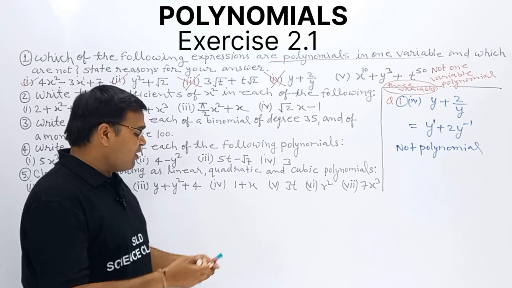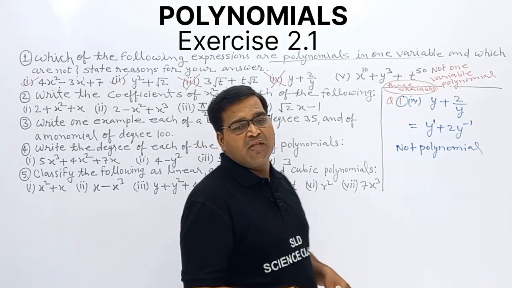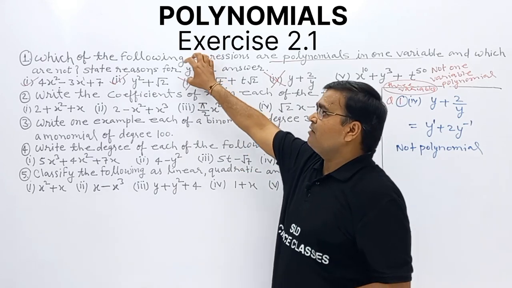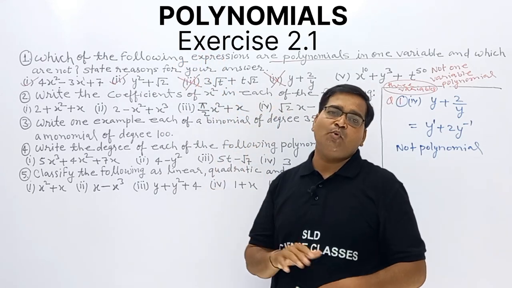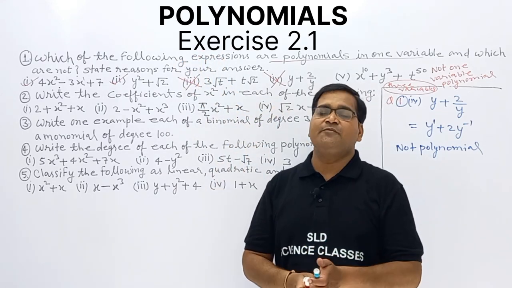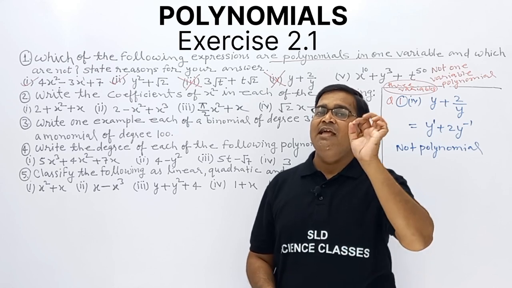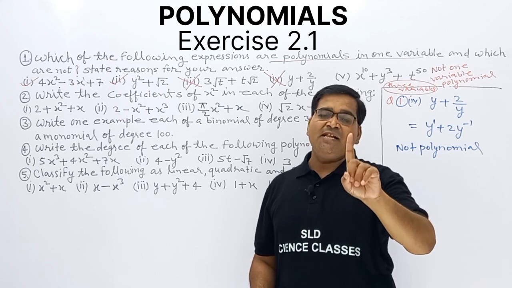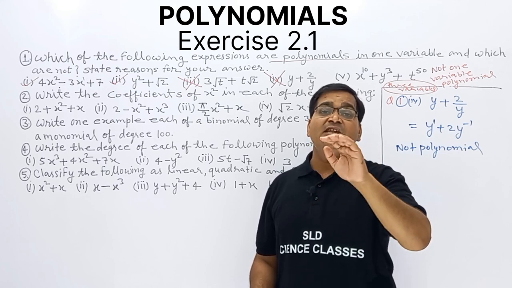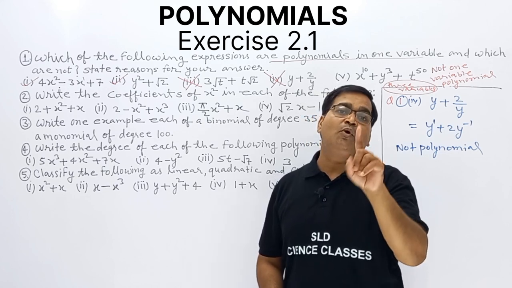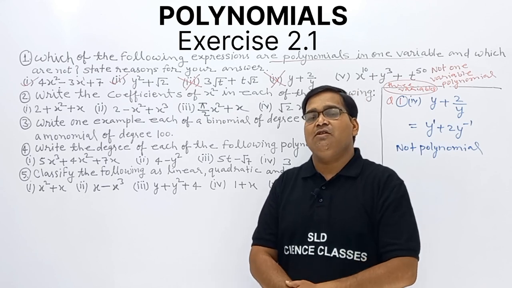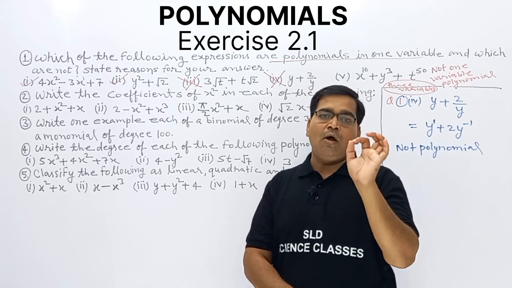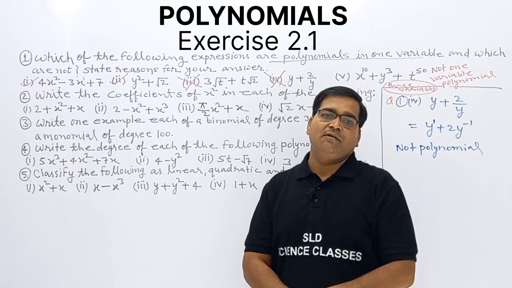Clear? So now I am taking the next question. We can identify whether something is a polynomial or not once we know the definition. So what is the definition? Polynomials are algebraic expressions in which the power of variables should be whole numbers, non-negative integers. It means no negative power.